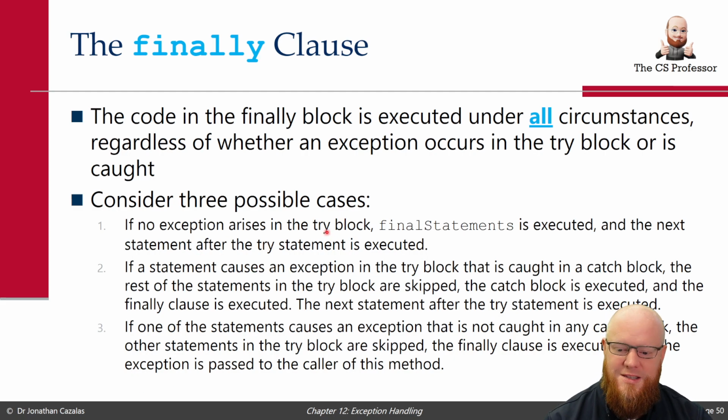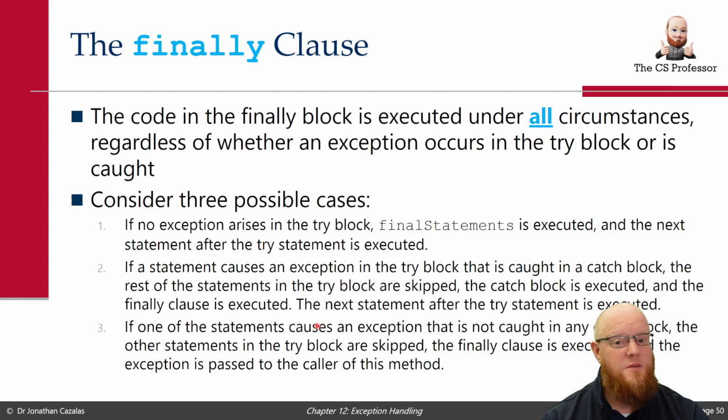So if no exception arises, the statements inside that finally block will be executed. If a statement causes an exception in the try block that is caught, then the rest of the statements in the try block are skipped, the catch block is executed, and the finally clause is then executed. The next statement after the finally is then executed as well.